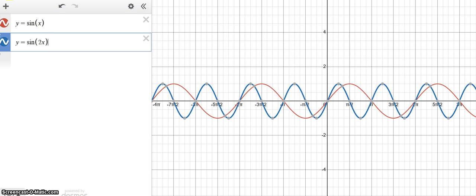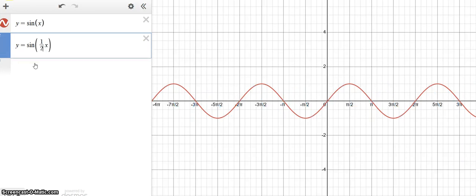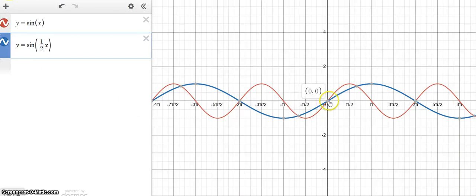So putting a number here like 2 shortens the period. And I'm betting you're already figuring this out, that putting a fraction there like 1/2 lengthens the period. So notice now it starts at 0, 0. It goes up, back to the axis, down, finishes its cycle.